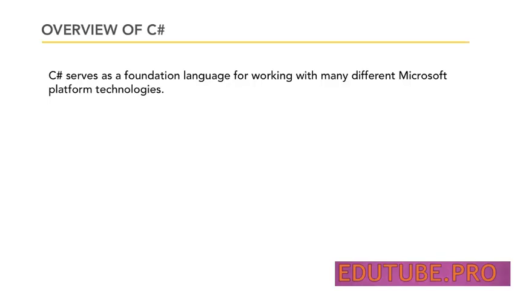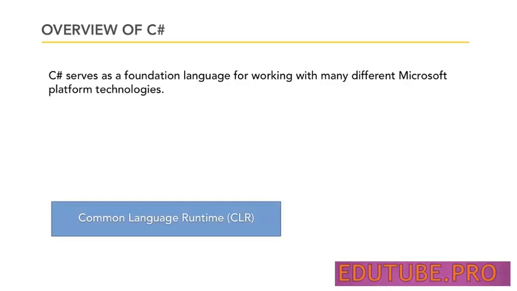Now, as I mentioned earlier, C# is a foundation for working with many different Microsoft platform technologies. At the bottom of the stack is something called the Common Language Runtime. This is the execution engine or virtual machine or whatever you want to call it that actually interprets all the various bytes that the program gets compiled down to and is what runs your code.